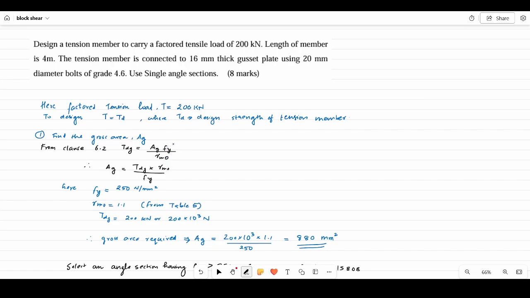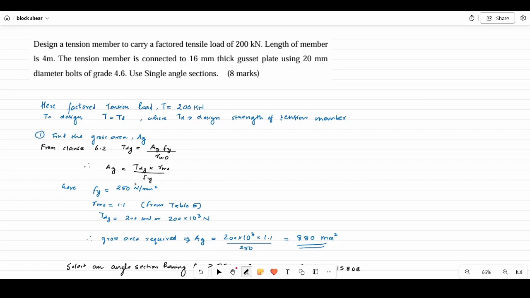Now Fy we always know we are providing as 250 Newton per mm square. This is the Fy value. And gamma m0 is the material strength factor of steel, and if you look at table 5 of your IS 800, which is in page number 30, it is 1.1.